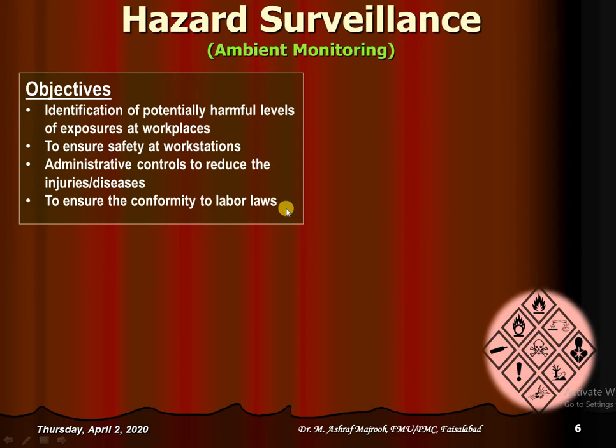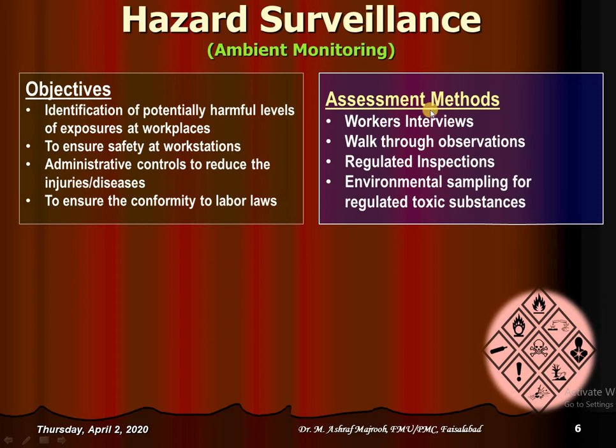There are many labor laws like the Occupational Safety and Health Act, and these are ensured through hazard surveillance. The assessment methods are worker interviews, walk-through observations, regulated inspections, meaning inspections carried out through the regulatory bodies, and environmental sampling for regulated toxic substances. So these are the methods for hazard surveillance.